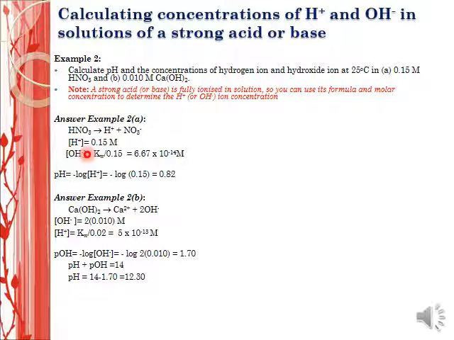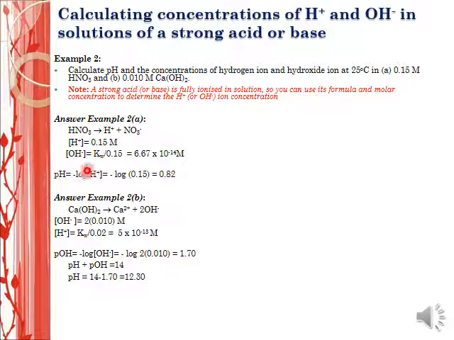And how to calculate the OH minus concentration? We have to use the Kw expression. So Kw, 1 times 10 power negative 14, divided by 0.15, we can get the concentration of hydroxide ion. Don't forget the unit, because unit is very important in analytical chemistry. If you forget the unit, you'll be penalized in terms of marks.